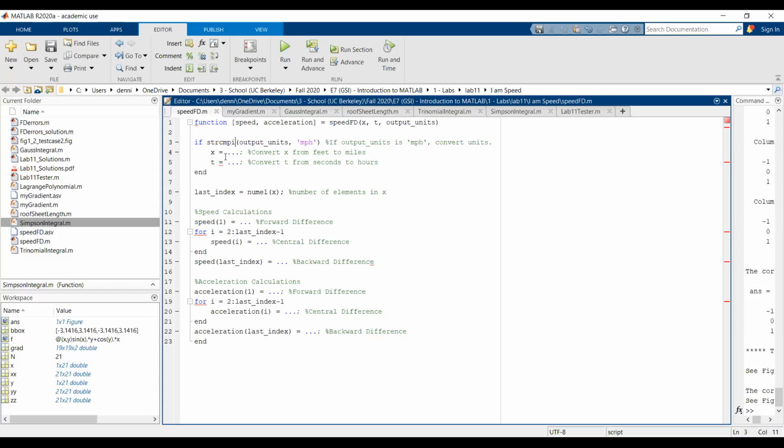Now, x and t are given in feet per second. So if this is mph, we're going to need to do some conversions. How many feet are in a mile? Can someone tell me? 5280. 5280. Right on the money. Now, how about seconds to hours?